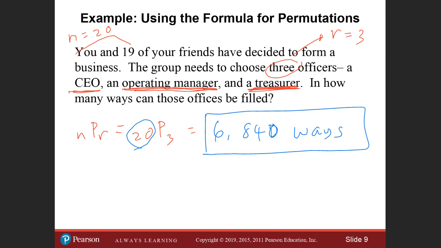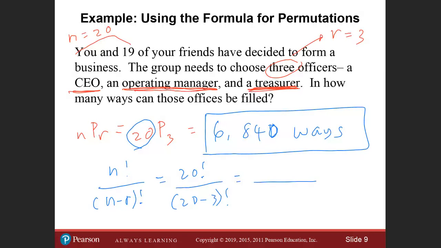If you're going to do it in another way, using the formula, it says n factorial over n minus r factorial. We plug in our n is 20 factorial over n here is 20 minus our r is 3 factorial. So it gives us 17 factorial at the bottom.